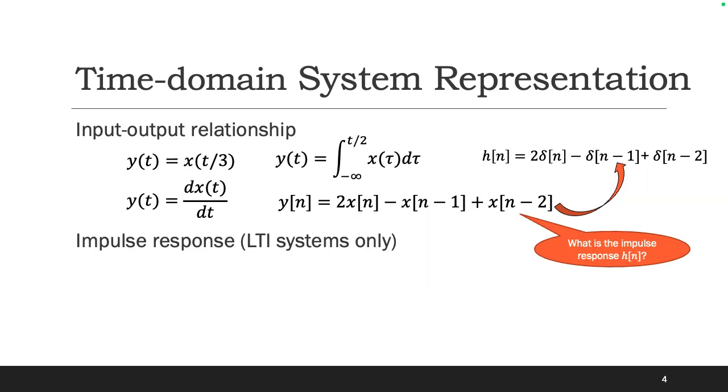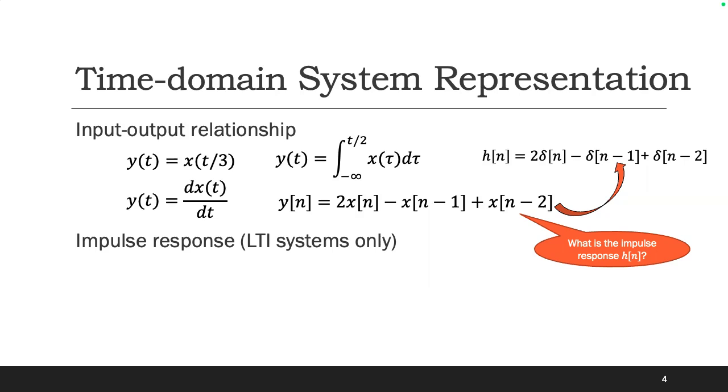Okay, let's talk about the impulse response. Everything we talk about in chapter 2 is related to our LTI system. If your system is a different system, you cannot use what we talk about in chapter 2: the impulse response, the convolution sum, the convolution integral.